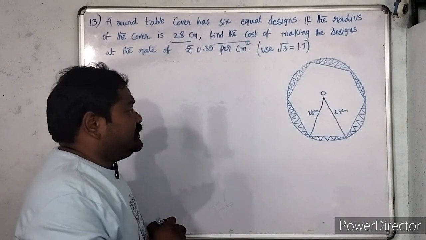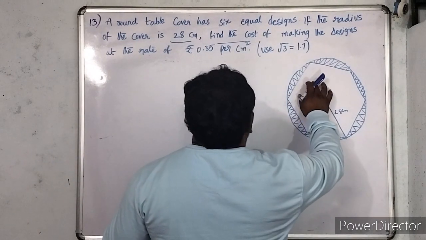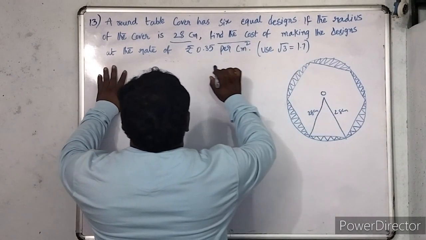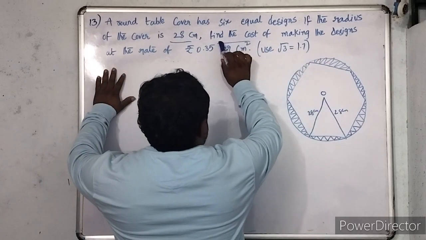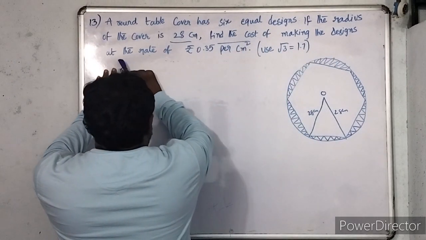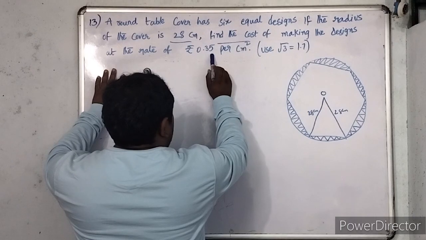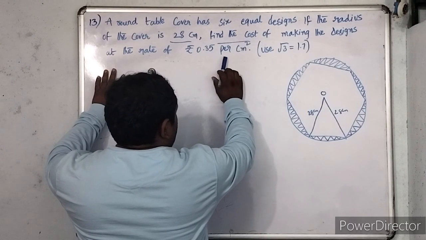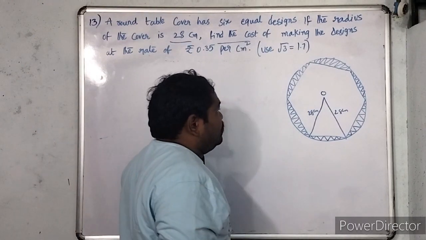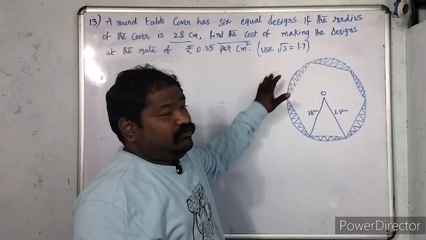Okay, for this, first we have to calculate. Find the cost of making designs at the rate of 0.35 rupees per centimeter square. Root 3 equal to 1.7 we have to use.